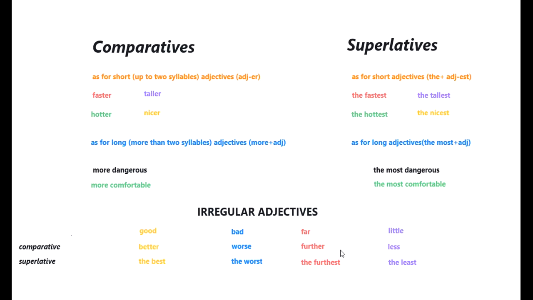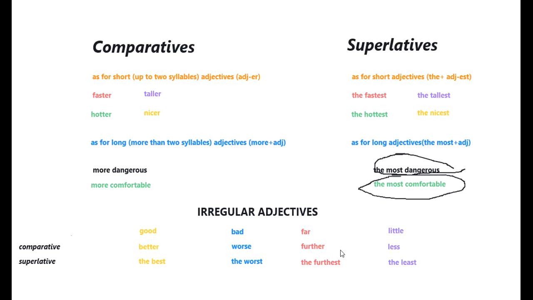As for superlatives, we add -est at the end of the adjective when our adjective is short, like the fastest, the tallest, the hottest, and the nicest. And for long adjectives, you see here, we add most plus the adjective, like the most dangerous or the most comfortable.